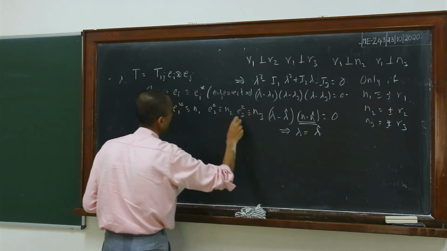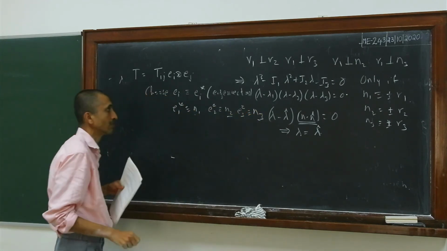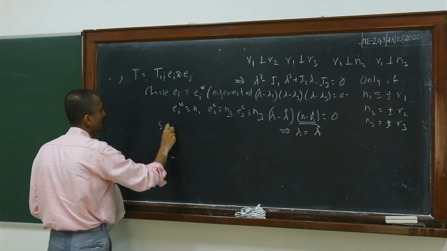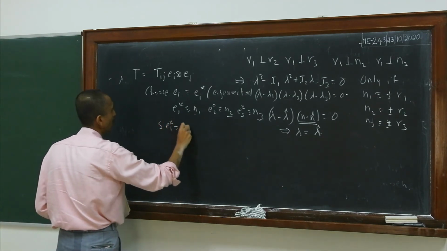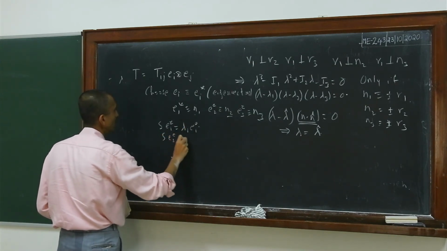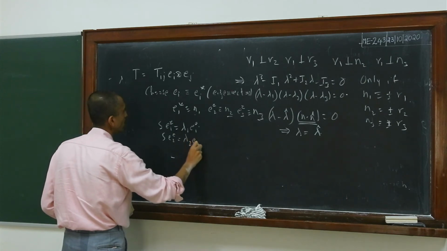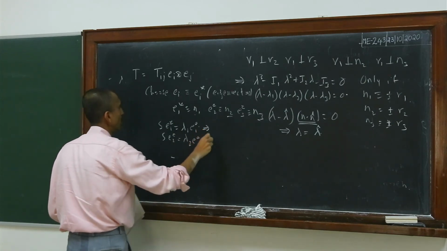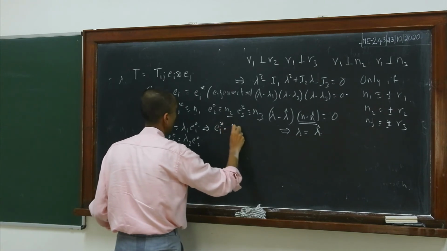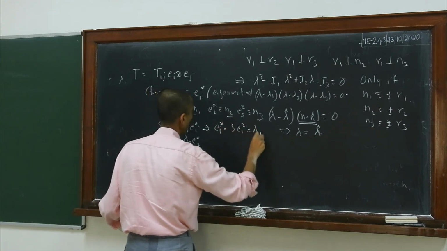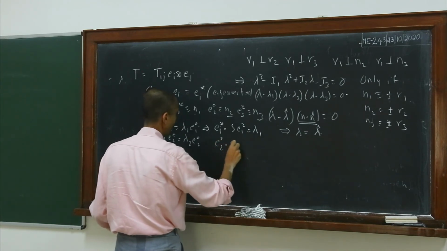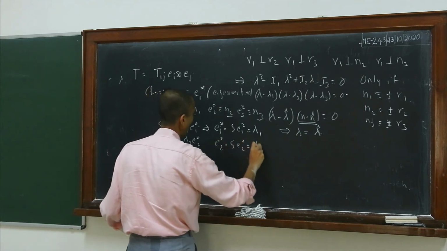So those are the sets of eigenvectors themselves. Okay, then in that case, S E1 star will be equal to lambda 1 E1 star, S E2 star will be equal to lambda 2 E2 star, right? So from this you will get that E1 star dot S E1 star is equal to lambda 1, and then E2 star dot S E2 star is equal to lambda 2, and so on.